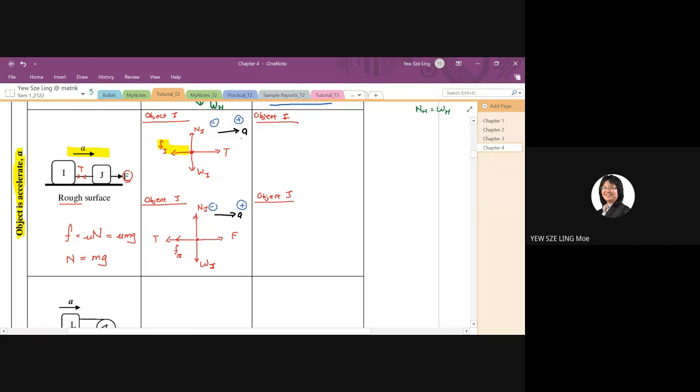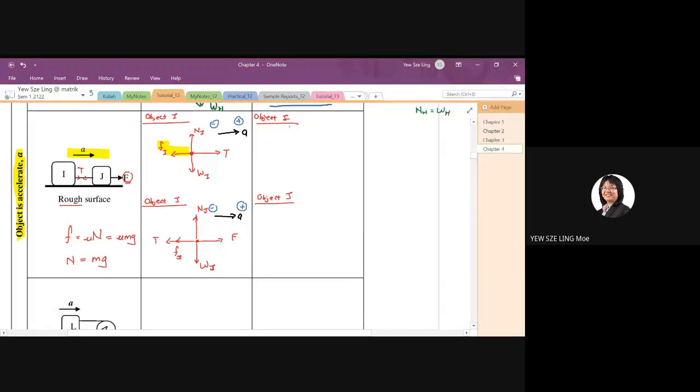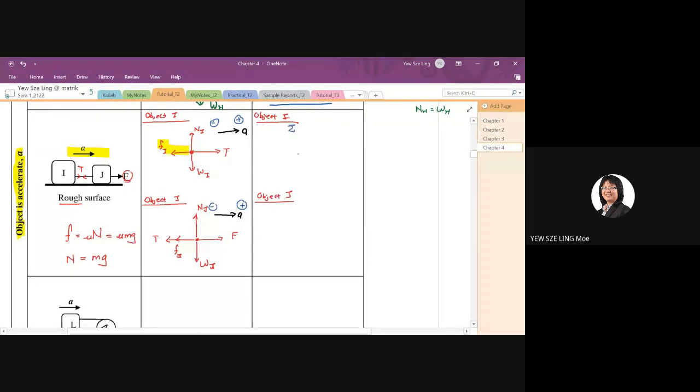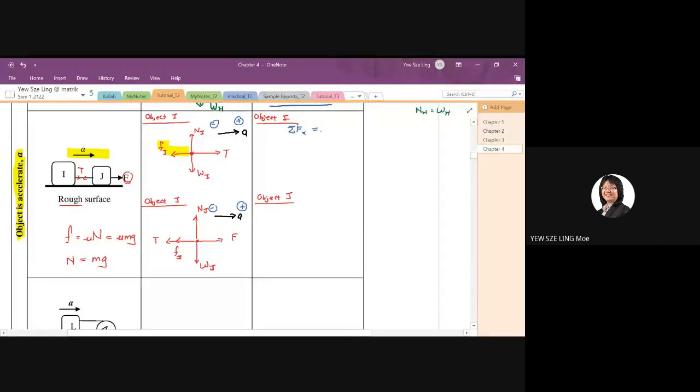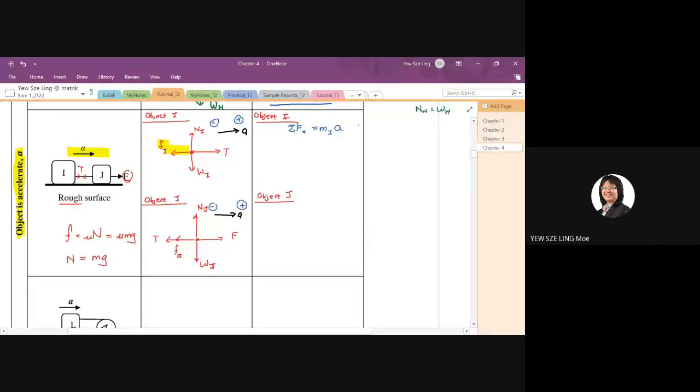Now object I is moving with constant acceleration. Therefore, I'm going to use Newton's second law. So summation Fx equals to MIA, the mass of object I times the acceleration. Now, these two objects, because they are joined by the same string, are moving together.